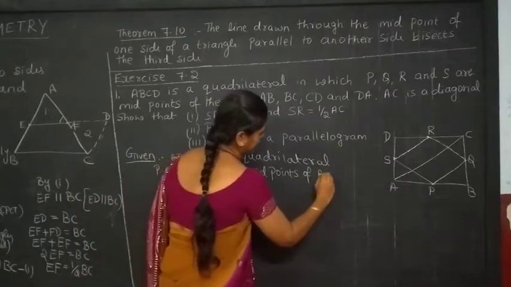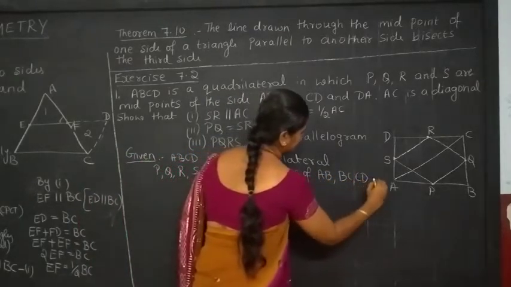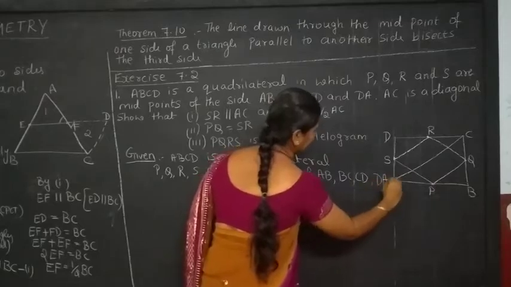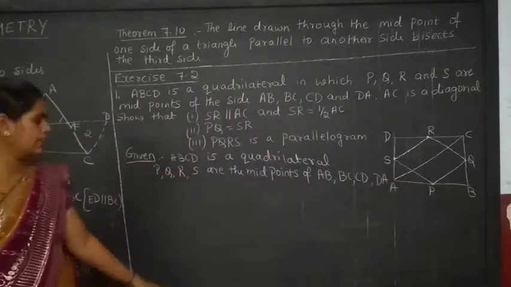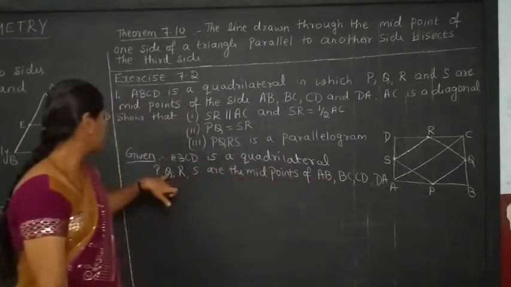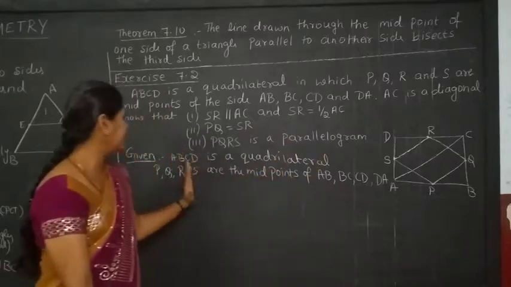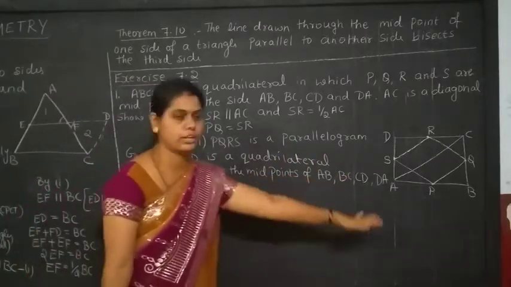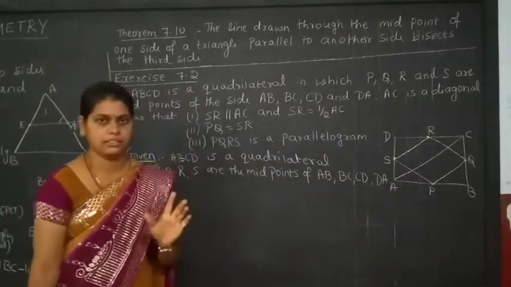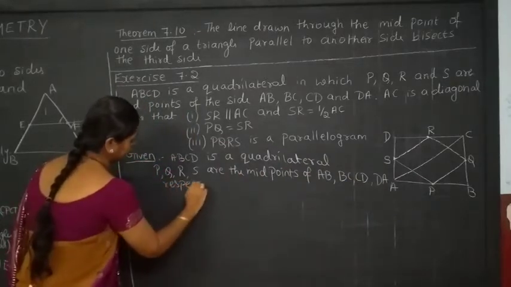That is given. You have to write in order itself. P is the midpoint of AB, Q is the midpoint of BC, R is the midpoint of CD and S is the midpoint of DA respectively. Respectively means in order.